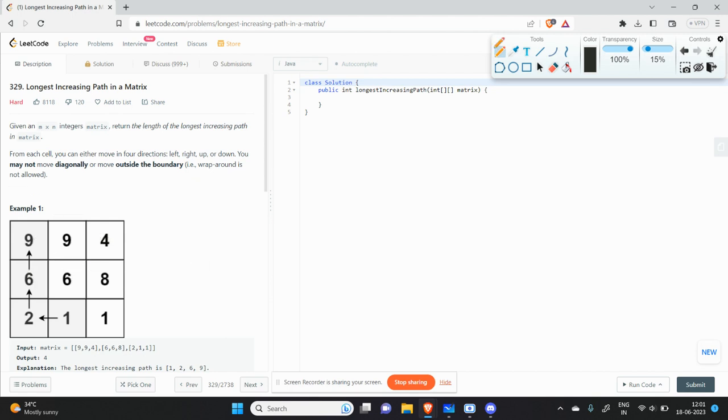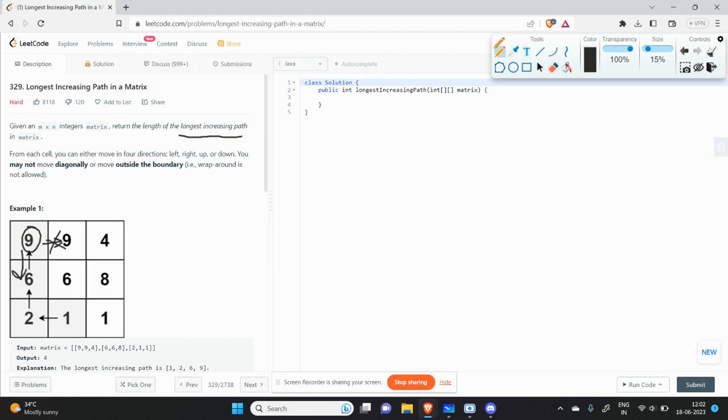So here, let's say we started from this cell. Then from this cell, can we go to the next cell? No, we can't go, because we need to find the length of the longest increasing path. Let's say I am trying the possibility for the right hand side cell. Its value is 9, which is equal to the current cell value, so we can't go.